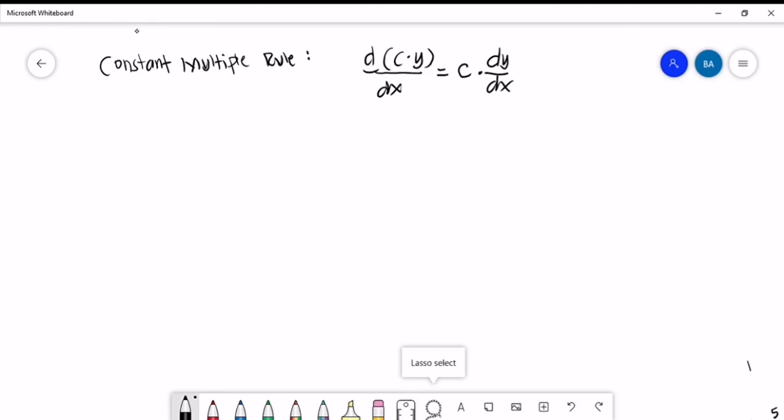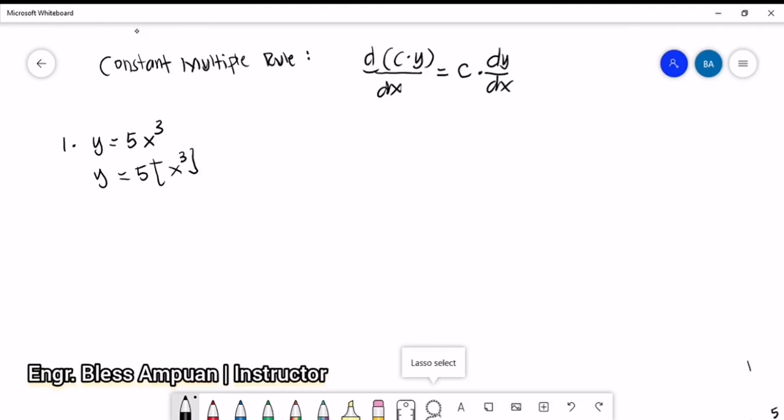For example, if we have y is equal to 5x raised to 3, this is under the constant multiple rule. Our coefficient is 5. Let's find the derivative of y with respect to x.